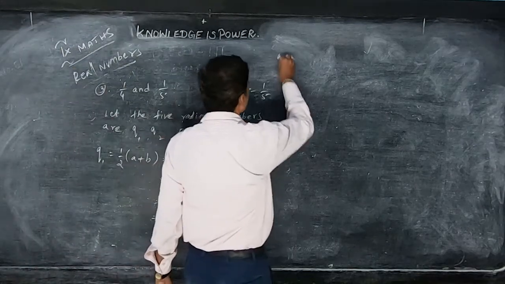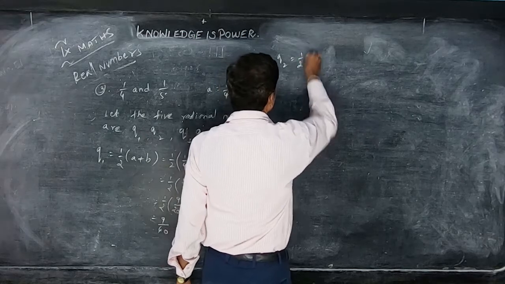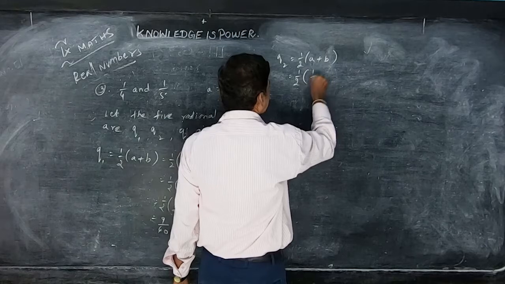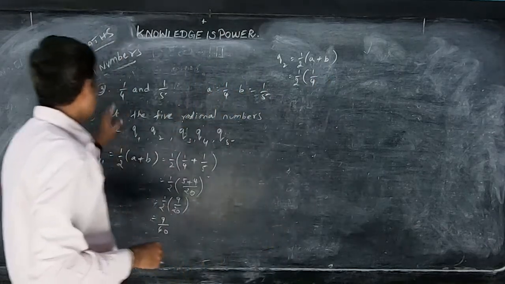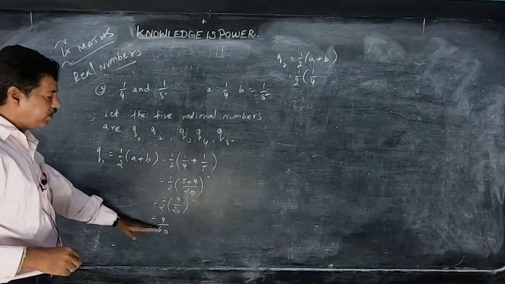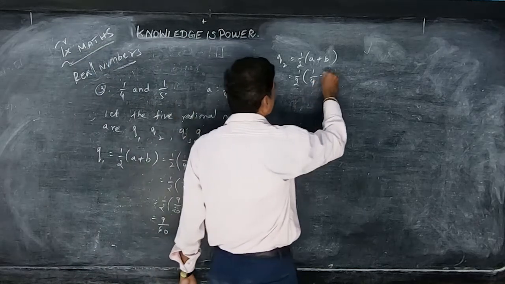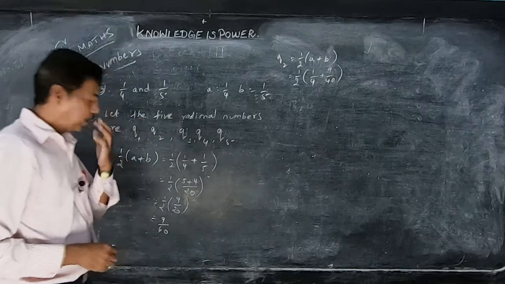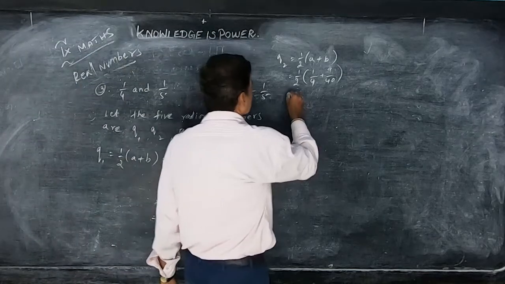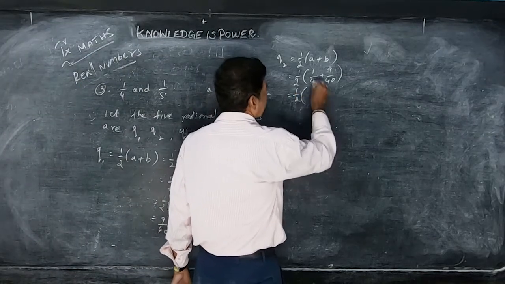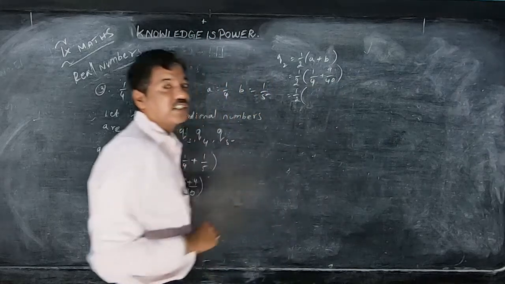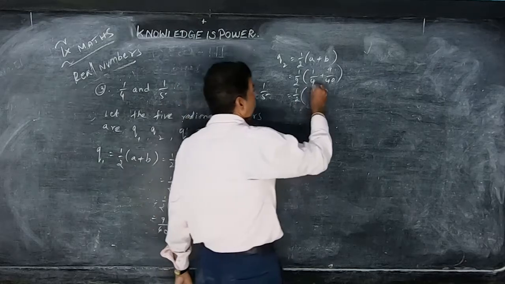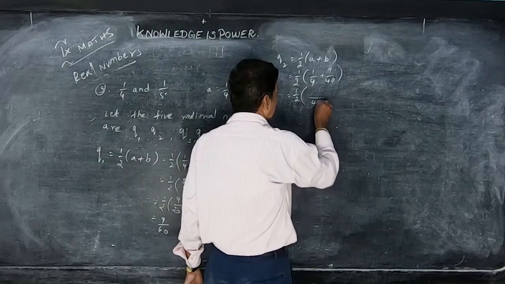Look carefully. Q2 equals half into A plus B. So equal to 1 by 2, A is as usual 1 by 4, and the new thing you have found is B, 9 by 40. Now the LCM for this is 40. The LCM of 4 and 40 is 40.